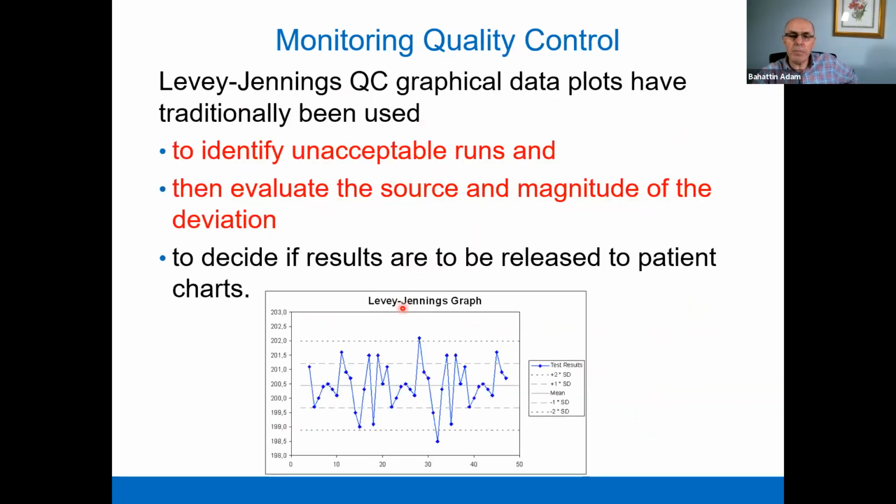Now, okay, if we need to monitor the quality control, the quality of your test, okay?